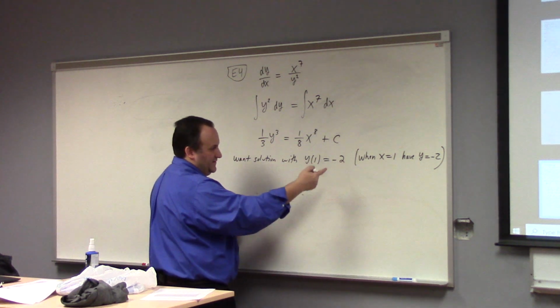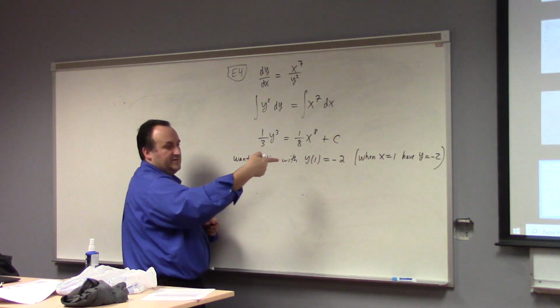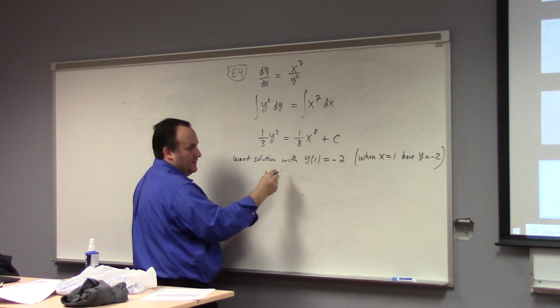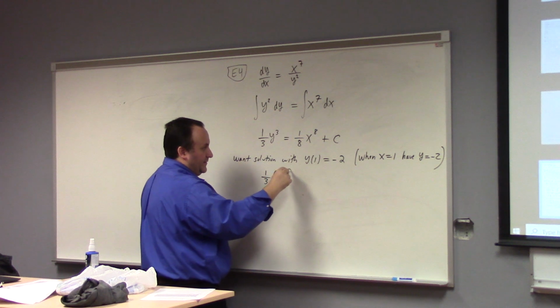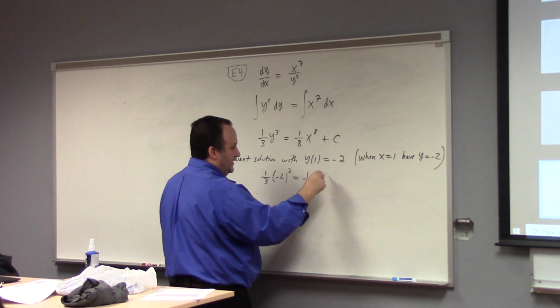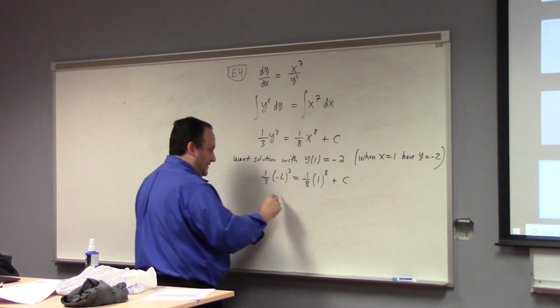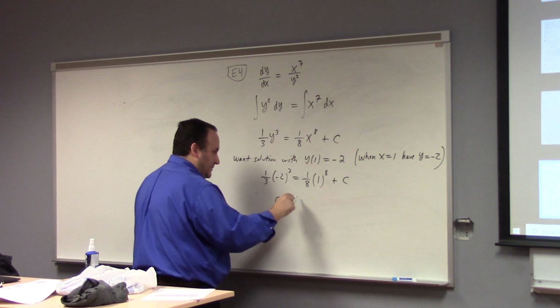We just plug this data into the general solution, see what happens, right? So I have 1/3 times (-2) to the 3rd power equals 1/8 times 1 to the 8th power, which is easy enough to calculate, plus a constant. So apparently the constant we want is what?